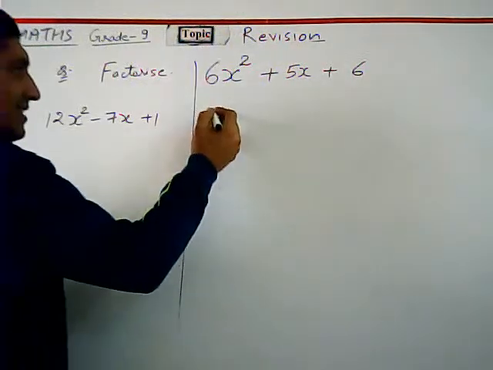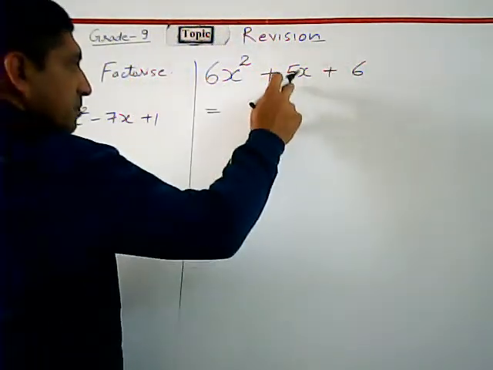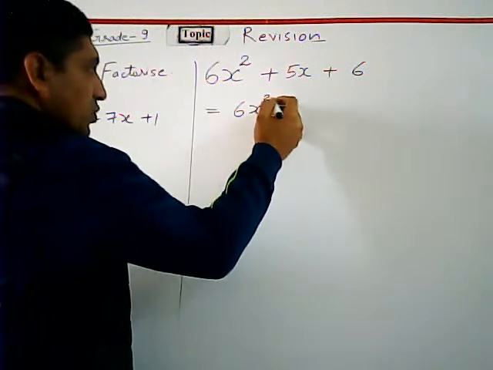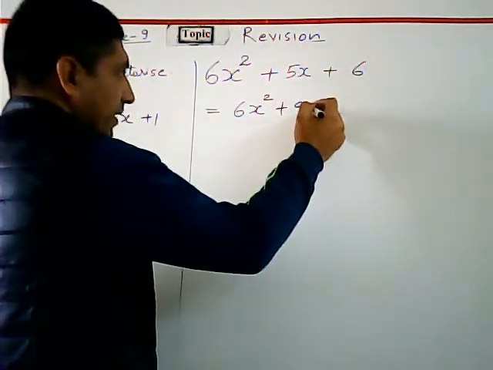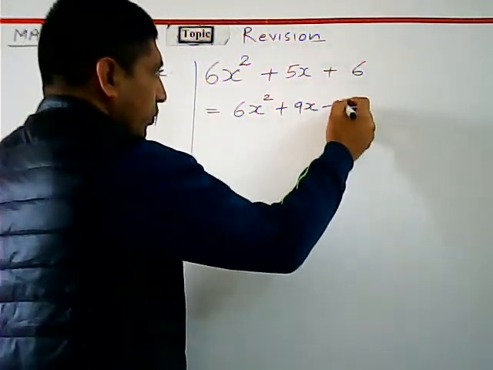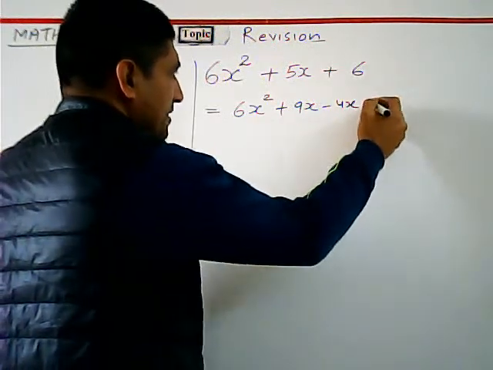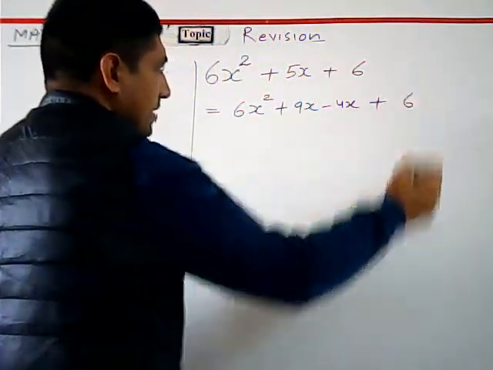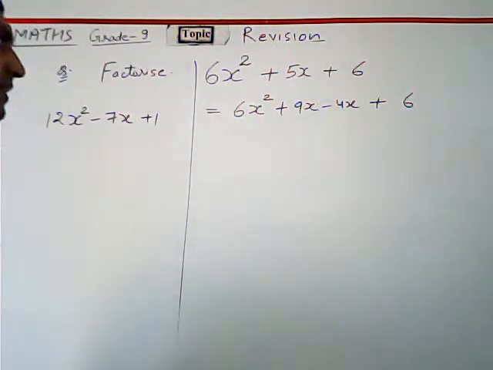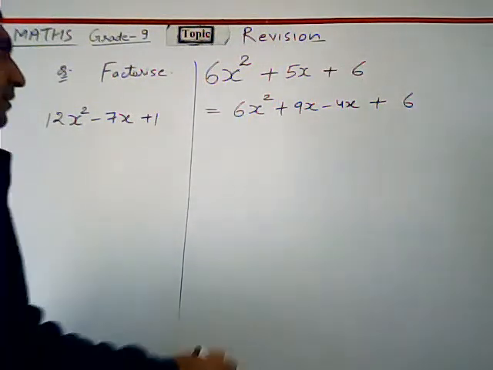So here 6 times 6 is 36. Splitting the middle term, 6x^2 plus 9x minus 4x plus 6 times 6 is 36, right?